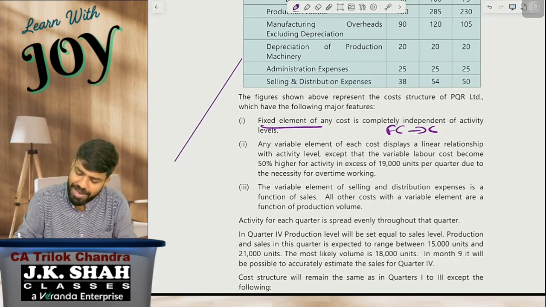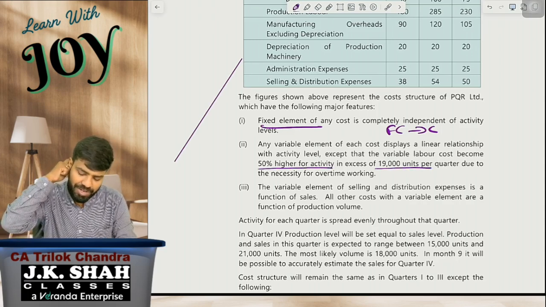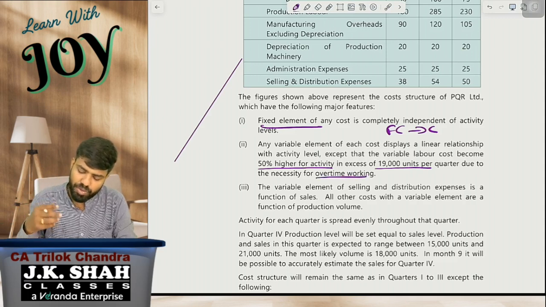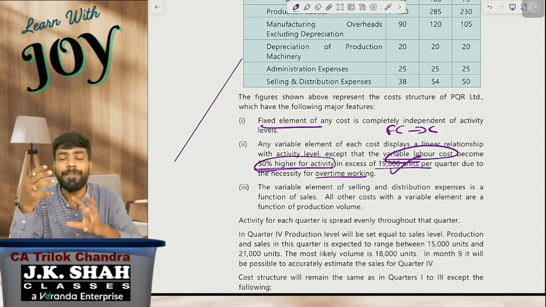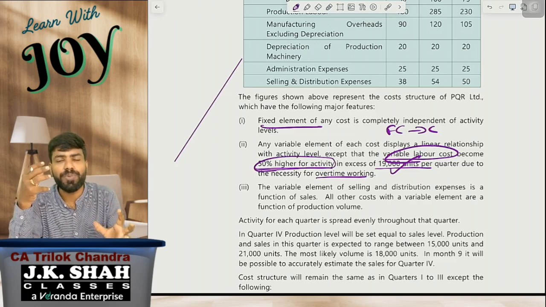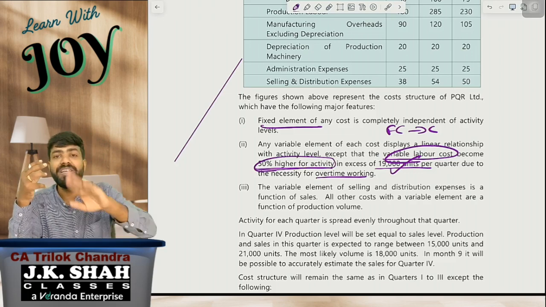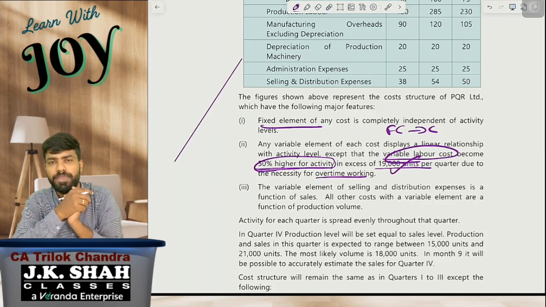Except that variable labor cost becomes 50% higher for activity in excess of 19,000 units per quarter due to the necessity of overtime working. So when it comes to labor cost, if the units are in excess of 19,000, it is 50% higher compared to existing. Existing 10 rupees will become 15 rupees beyond 19,000 units.